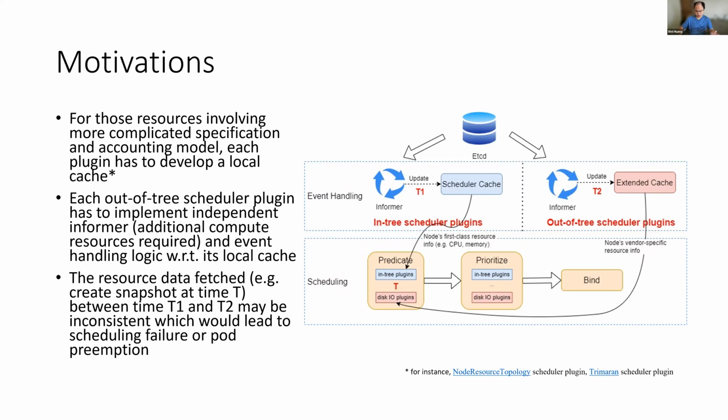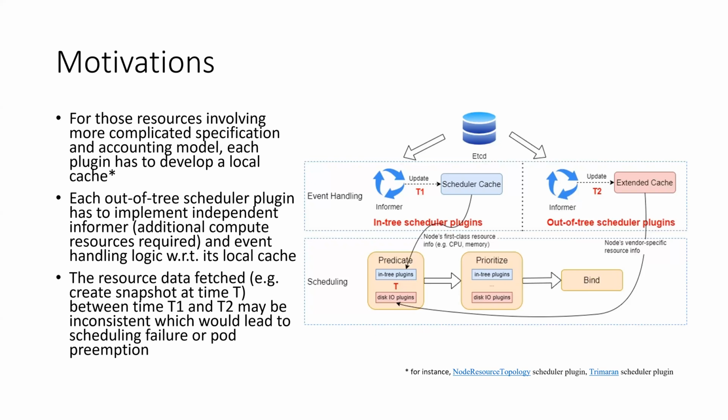For out-of-tree plugins, if you use CR objects, we also recommend taking a snapshot of the CR resources and using that as the source of truth during this cycle. Then in the next cycle, you can do another snapshot. Okay, yeah, I think that makes sense.